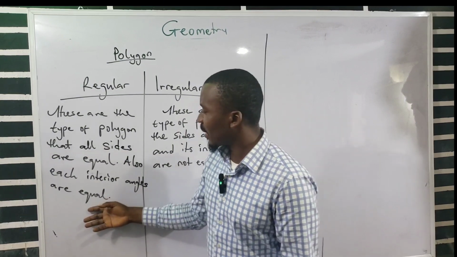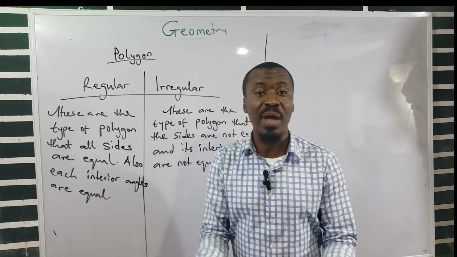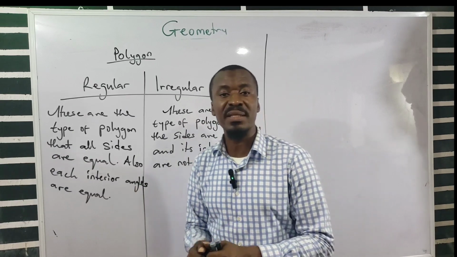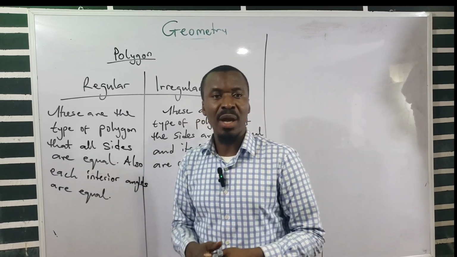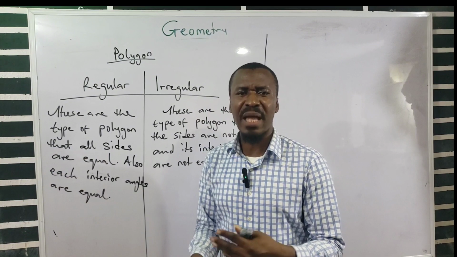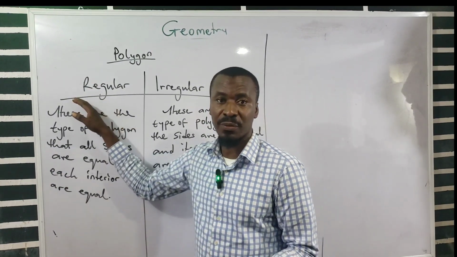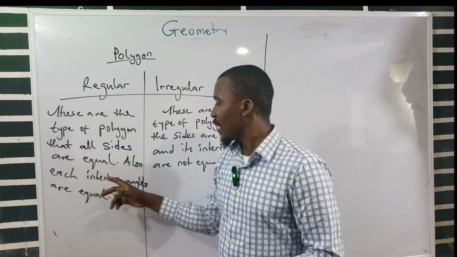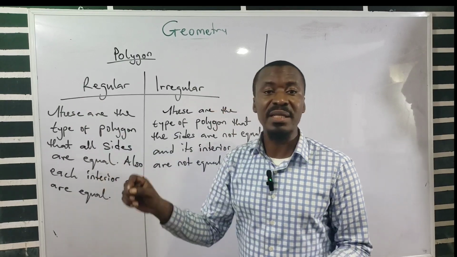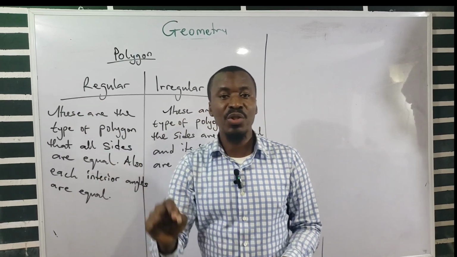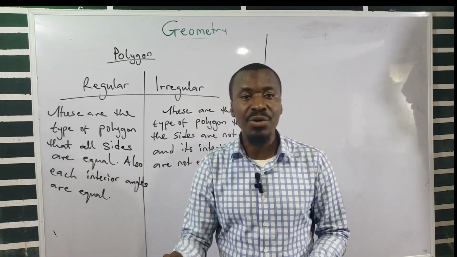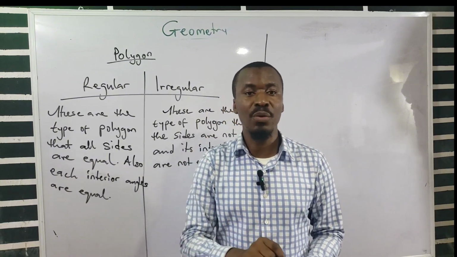So let's ask ourselves, from what we have done so far in properties of a shape, which type of triangle or quadrilateral can we say is a regular polygon? Remember, the two conditions here are that the sides must be equal and the interior angles must also be what?